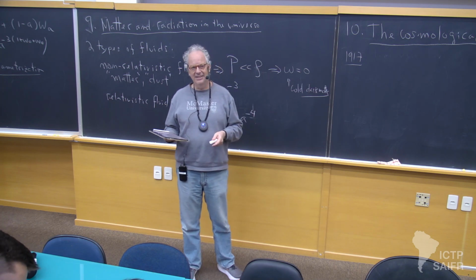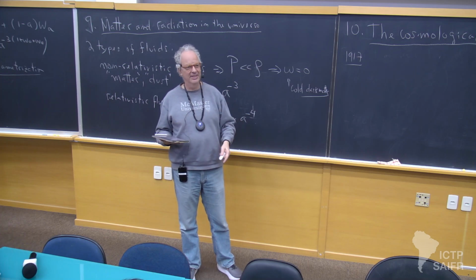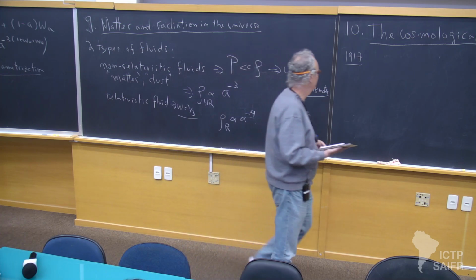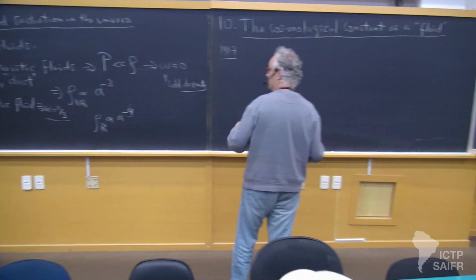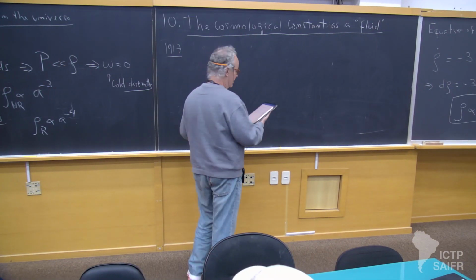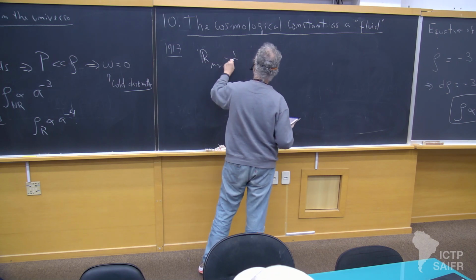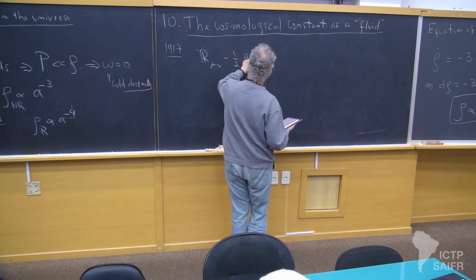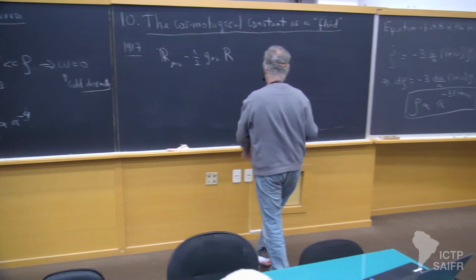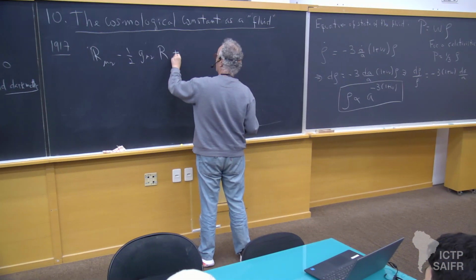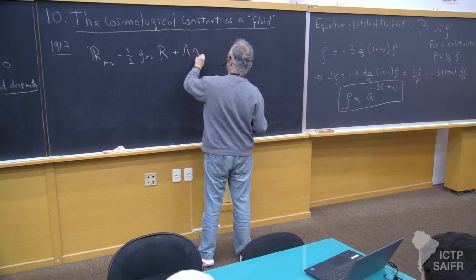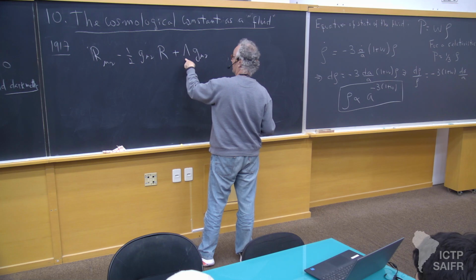So in 1917, he introduced in his equations a constant that can be introduced because it is allowed by symmetries. You can write an extra term, which is proportional to the metric, and it's a constant.